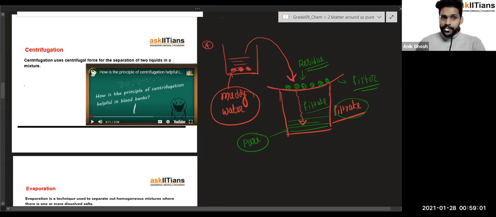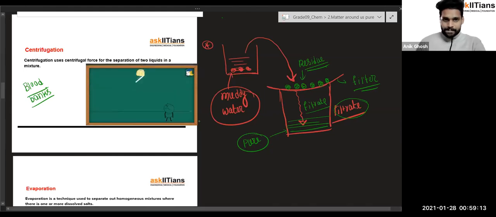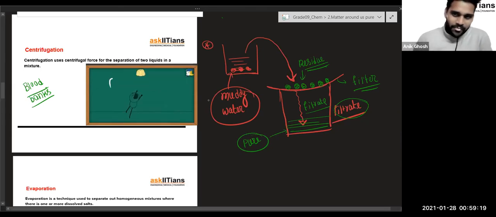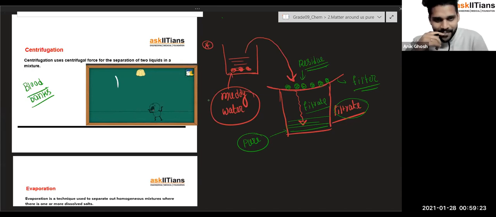In the blood banks, this centrifugation process is being used. But how? And what is centrifugation? Let us see. They're not saying anything. You can just find it on YouTube as well.